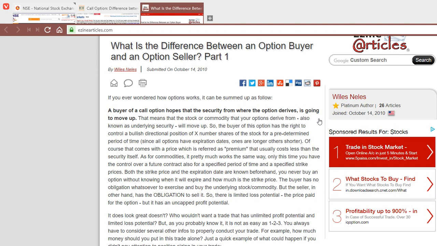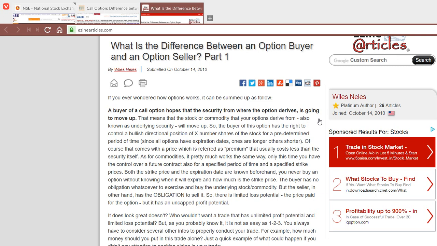But at this point of time, you have to understand an option buyer wins only if his view gets right. So, for example, if you are expecting Nifty to go down today, and you buy a put option, and it actually crashes, and Nifty has gone down today, then you win.